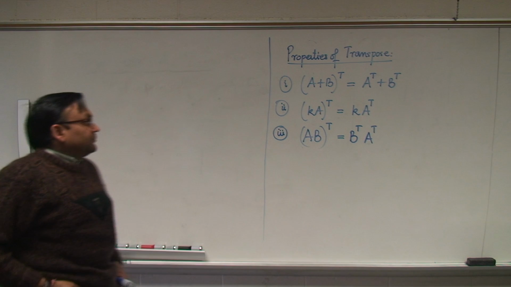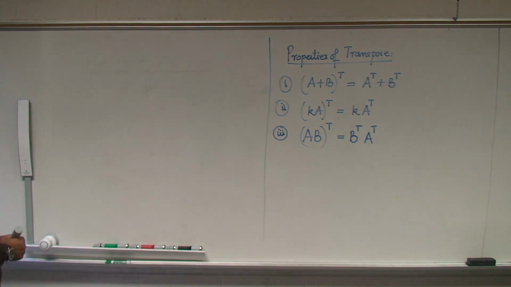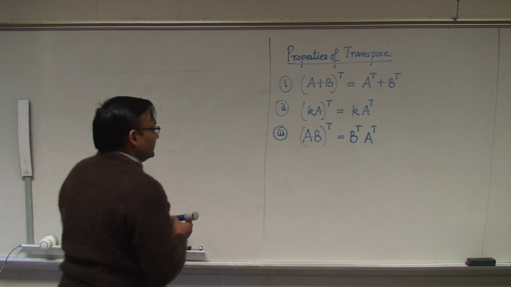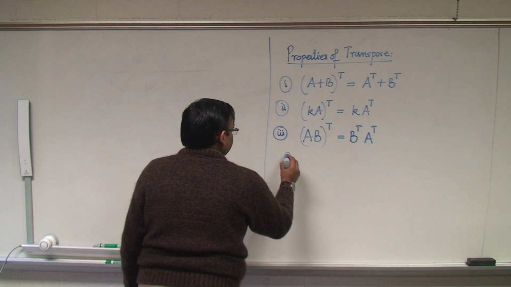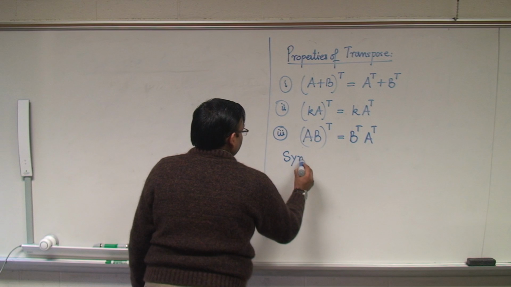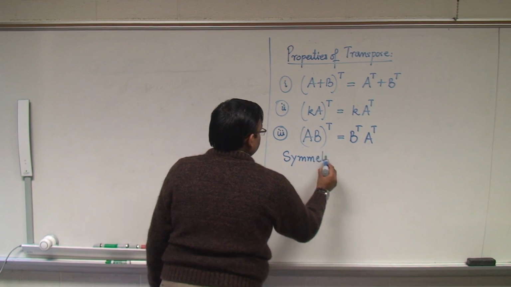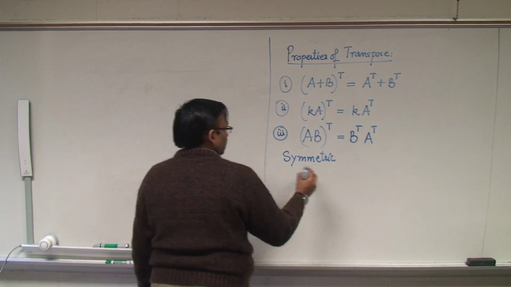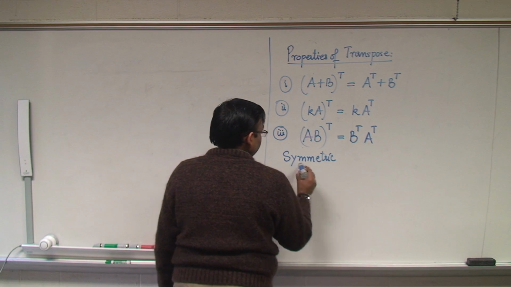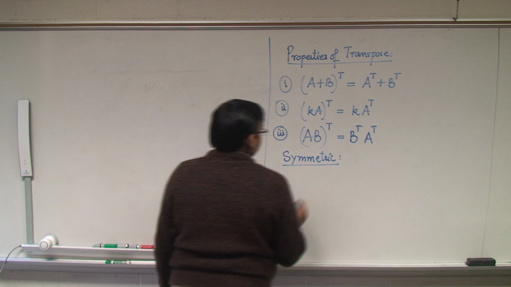One of the things transpose helps us in is defining properties about matrices. There are two types of matrices, symmetric matrices and skew symmetric matrices.